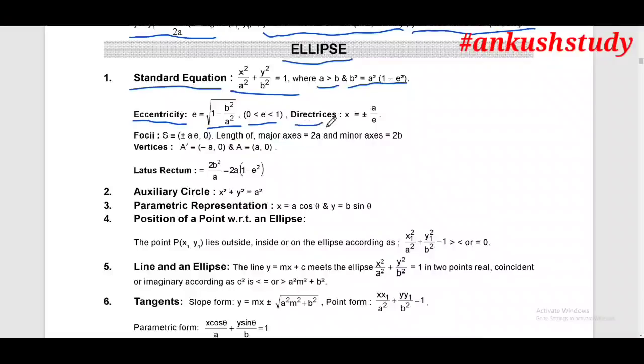Okay, and the directrix is x is equal to plus minus a upon e, and these are the foci: S is equal to plus minus ae, 0. The length of the major axis is equal to 2a, and the length of the minor axis is 2b.